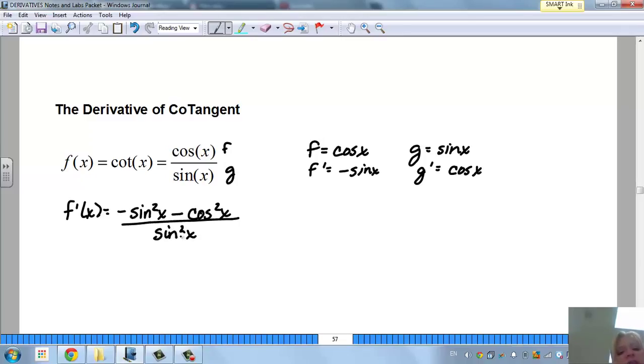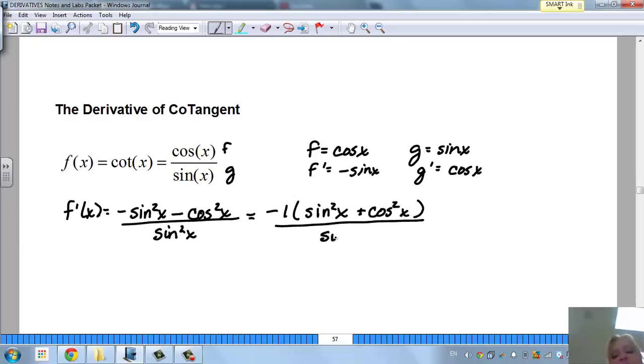x. Now we're going to do a little math trick here, because I see I have sine squared and cosine squared, but they're negative. So if I factor out a negative 1, that changes it to sine squared x plus cosine squared x. And now you see why I did that, because I can use the identity over sine squared x. So again, here I go. These two are going to add up to 1.